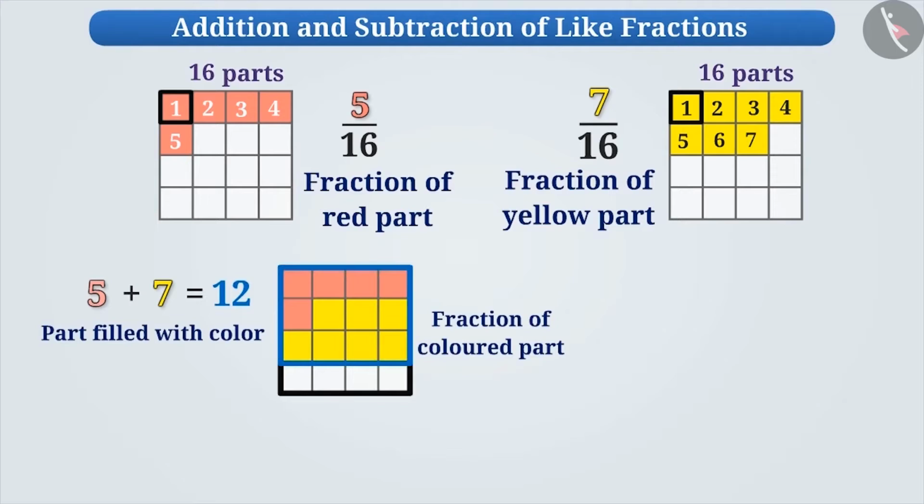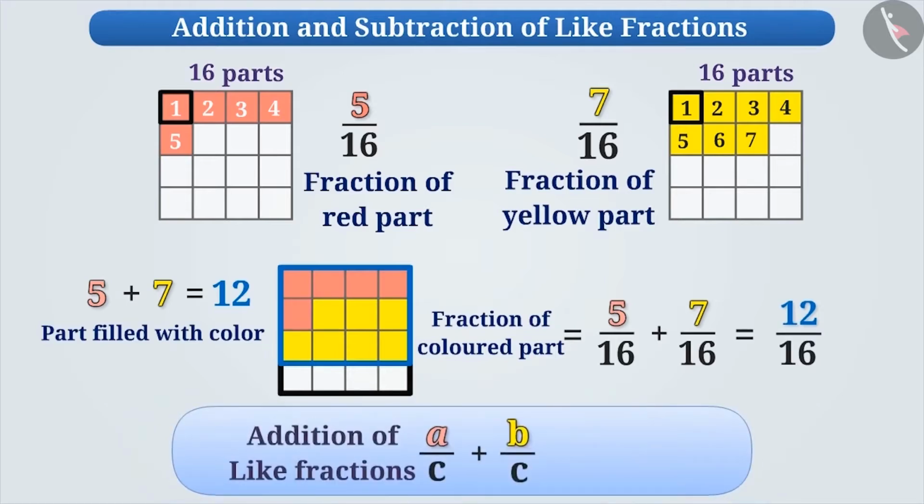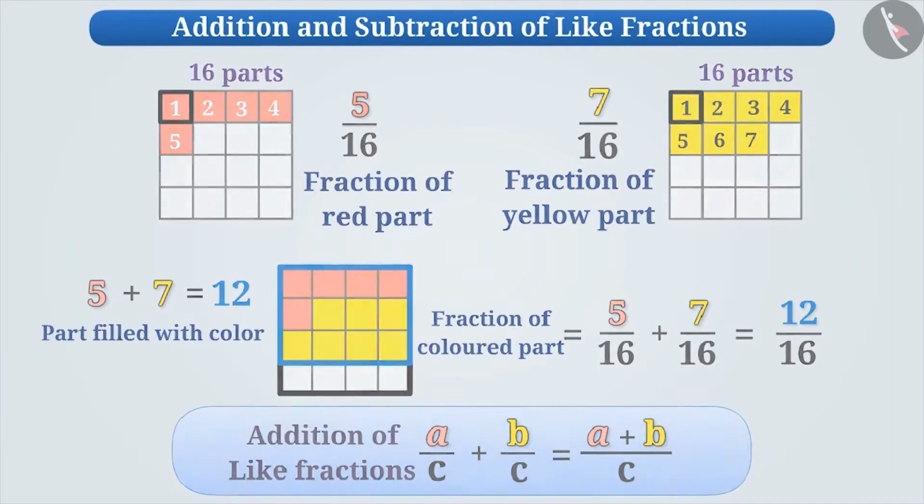That means we can say that 12 out of 16 parts are filled with color. So, the fraction of the colored part is 12 by 16. Thus, we can clearly say that 5 by 16 plus 7 by 16 is equal to 12 by 16. Therefore, in order to add any two or more than two like fractions, numerators are added and the common denominator is kept as it is.